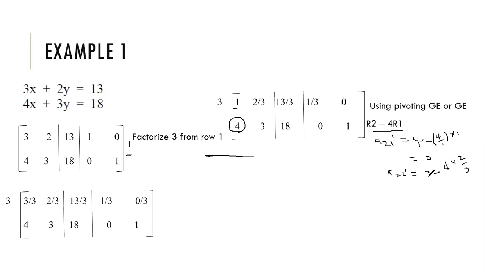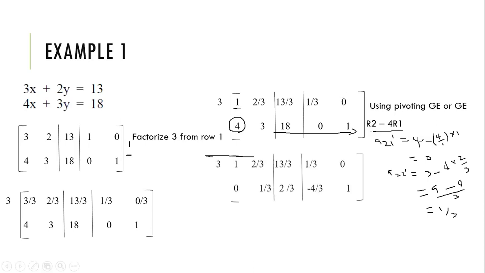And here we have 9 over 3, so 9 over 3 minus 8 over 3 will give us 1 over 3. Then you do the same across the row till you get to the last value. Don't forget. Once you do this calculation, we'll come to this point.